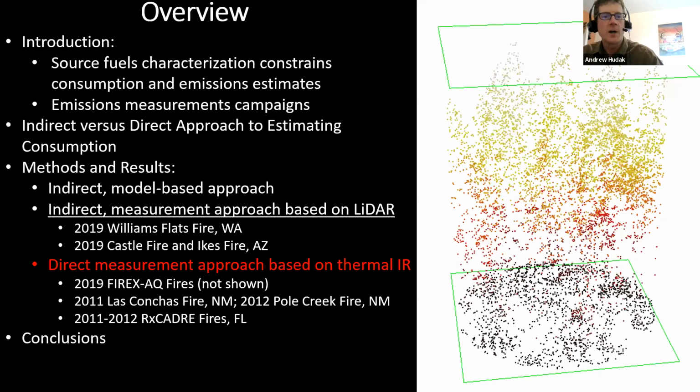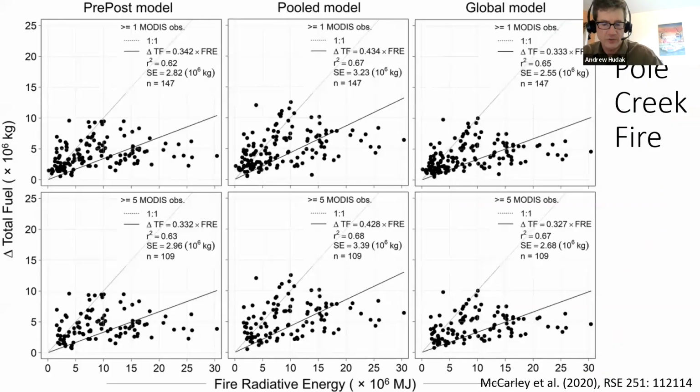We also used that opportunity of those 2 fires to look at satellite-derived FRP measures as a way to estimate consumption via the direct approach. And so that's what I'm showing here in this graph. So the top row, comparing the pre and post model to the global model, which is that pooled approach on the right.